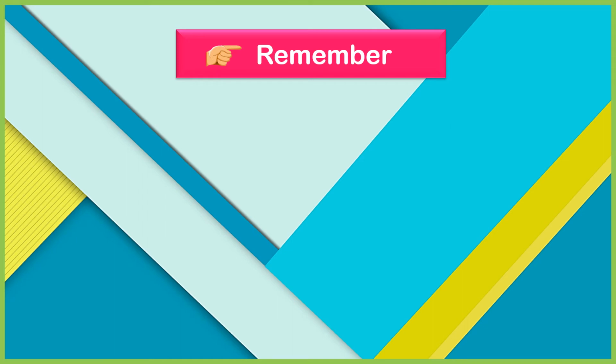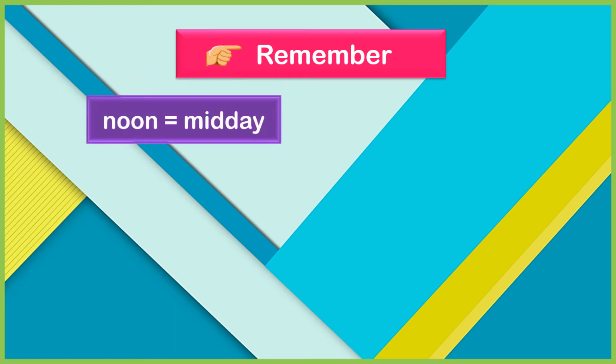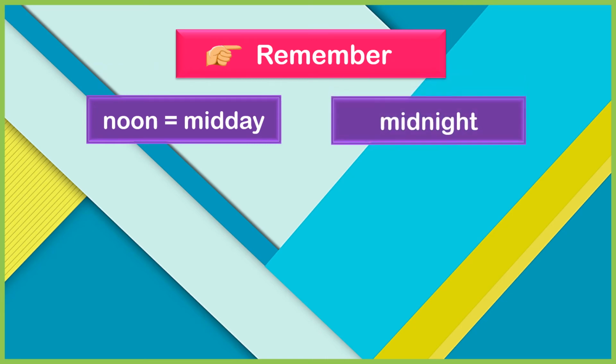For 12 o'clock, there are four expressions in English. First is 12 o'clock. Next is noon or midday, and then midnight. Do we use AM or PM at midday?